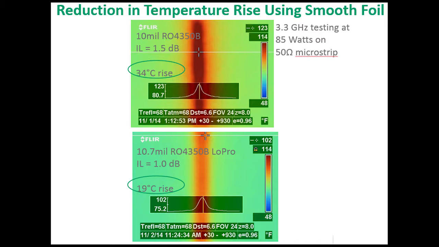You see the RO4350B standard material with the higher conductor roughness on the top, the standard copper, and then in the bottom graph you see the RO4350B LoPro using the low profile copper. You can see that the temperature rise in these traces differs by about 15 degrees Celsius due solely to the roughness of the copper. What this really shows is that in addition to thermal conductivity, RF designers who wish to better manage temperature increases should also focus on using as smooth a copper as possible.